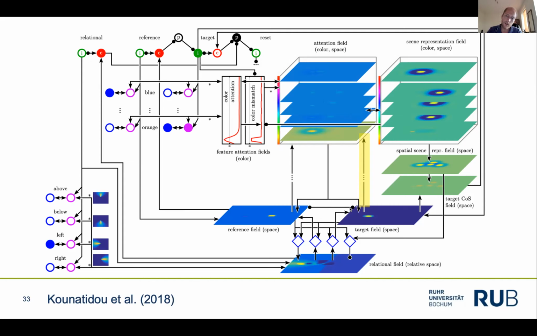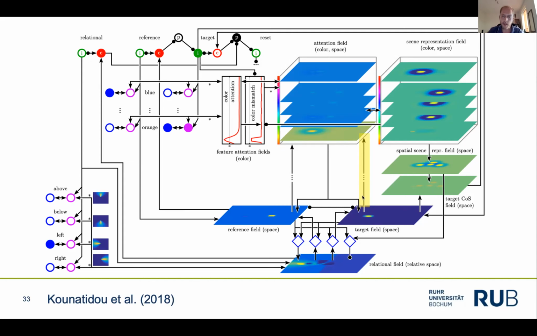Now there's also a projection from the target field to the attention field in order to supply the location of the new object that should be created. So if, for example, we want to create a new target object which is to the left of this reference object, then we just have to induce a peak in the target field which does in fact stand in the given spatial relation to the reference object, which we can do in the same way as we've seen in the Lipinski et al. model.